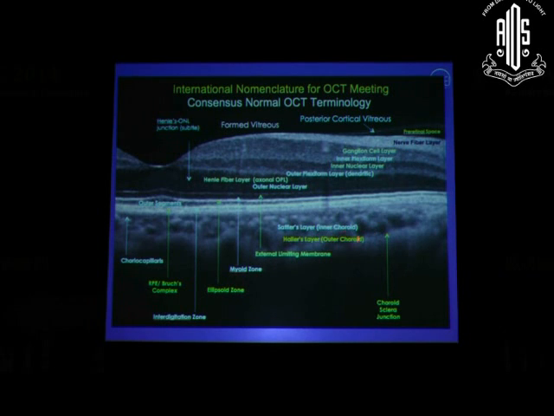If you go to the outer part, you see larger vessels, those are the layer of Haller. Those are the things you can look at in enhanced depth imaging. So it's not just the thickness, you can actually look at the characteristics of these layers when you have a good image. And it will definitely help you identify what's happening there.